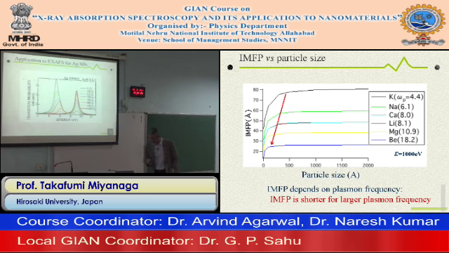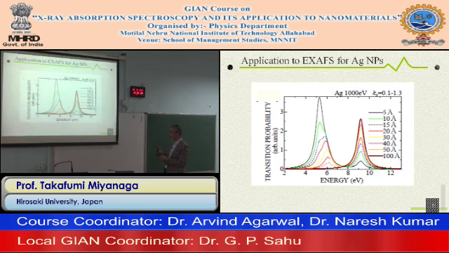Now, we calculated for silver nanoparticles. Check our result from the previous talk. This is the calculation result of the transition probabilities for plasmons, as a function of plasmon frequencies.